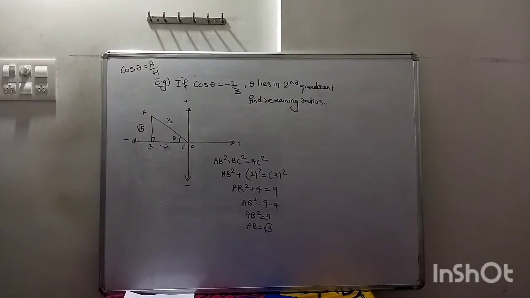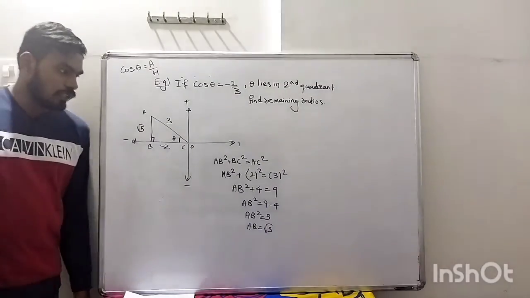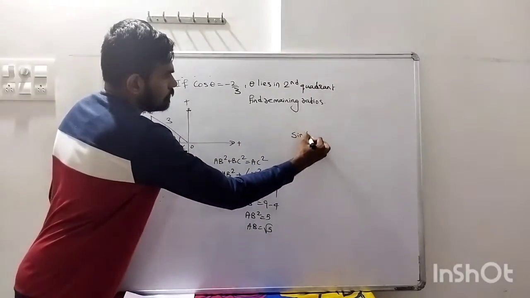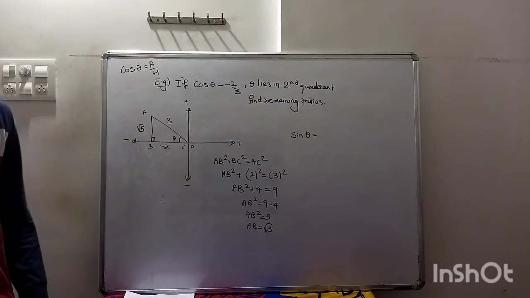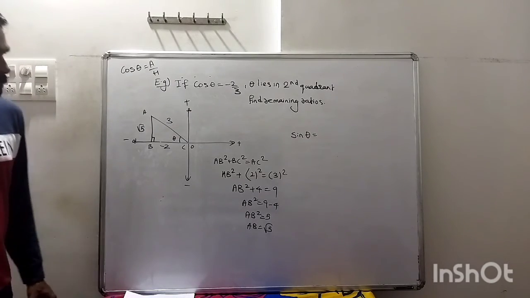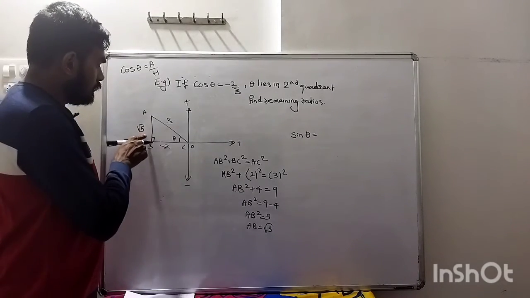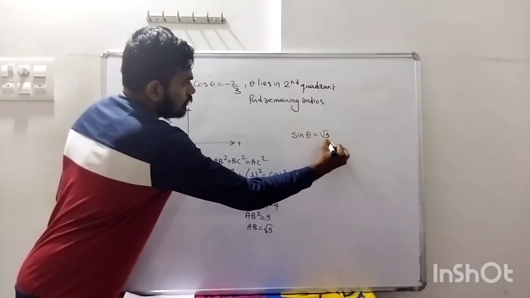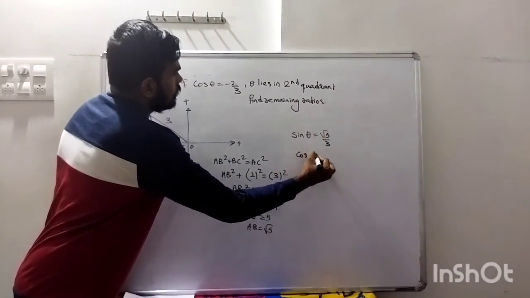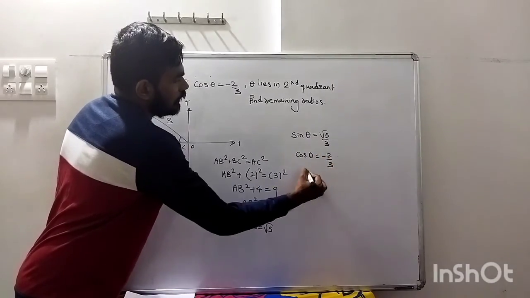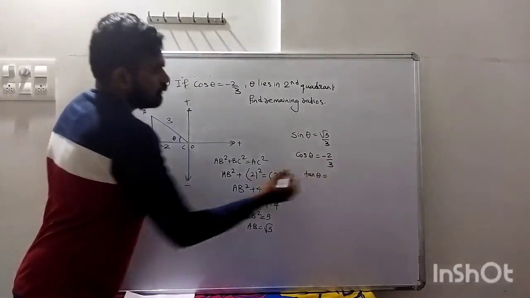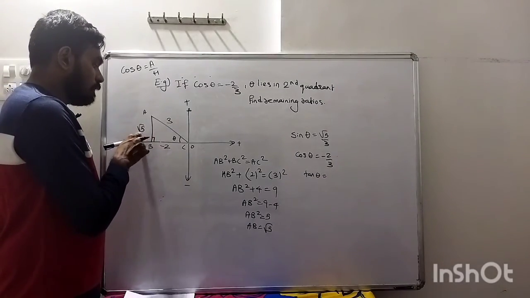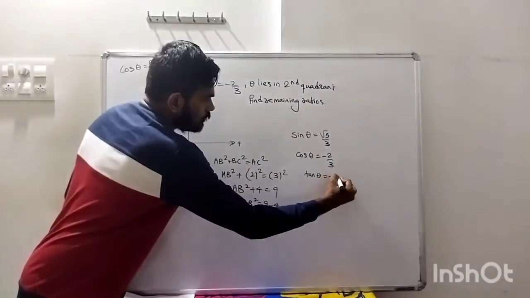So looking at this, you can find all the trigonometric ratios now, correct? If you want to find sin theta, what will you get? Sin is opposite upon hypotenuse, so root 5 upon 3. Cos you have already found, minus 2 by 3. Tan theta is what? Root 5 upon minus 2, so minus root 5 upon 2.